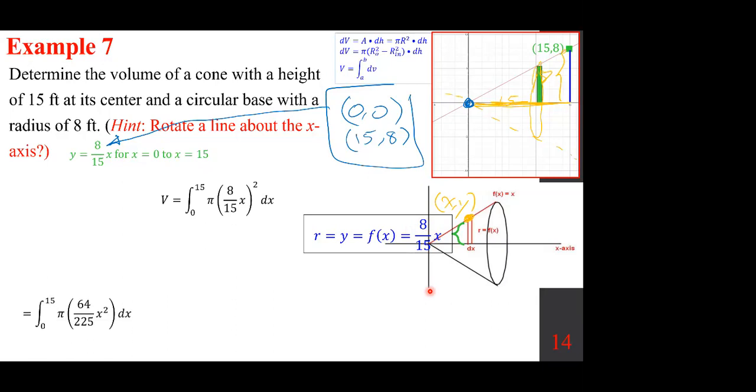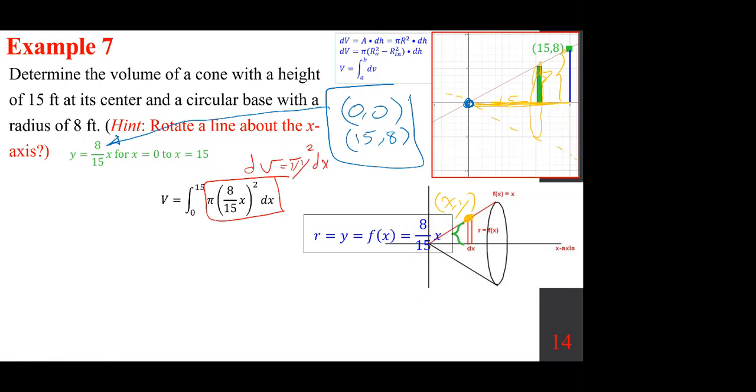Let me just write this, by the way, just in case. So dv is this, everybody. dv is pi y squared dx.